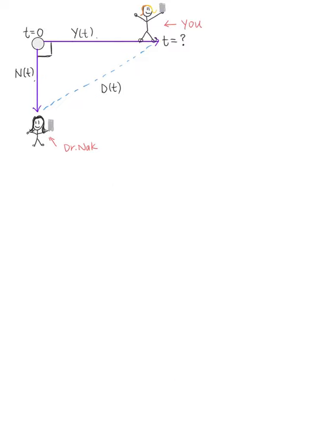So what we're going to get is y of t squared plus n of t squared equals d of t squared, where y of t was 4t and n of t was 3t, remember? So let's plug and chug. Ready?